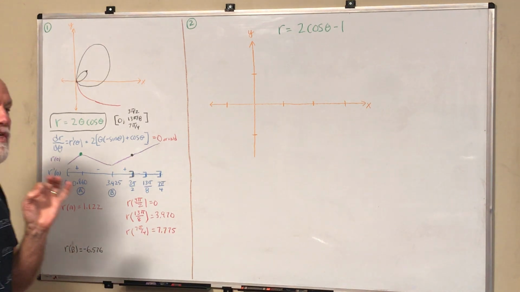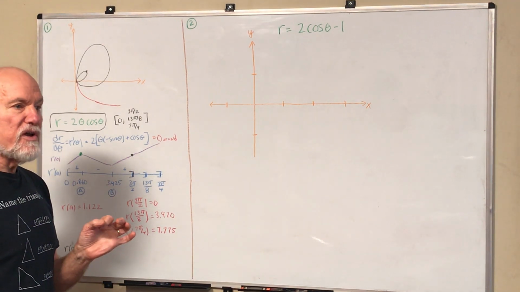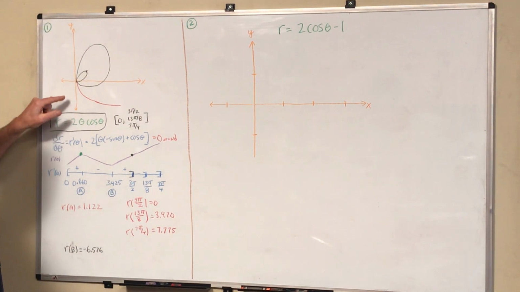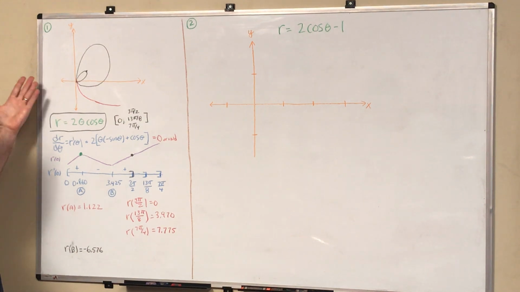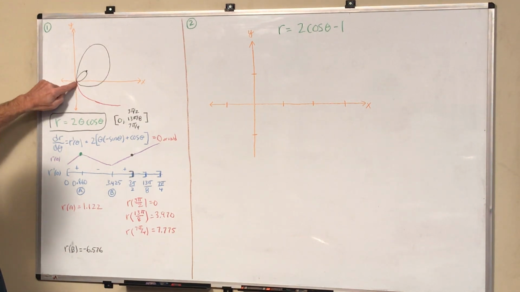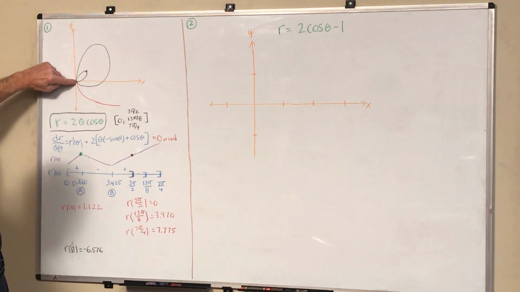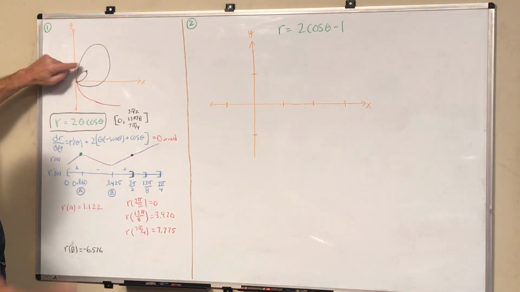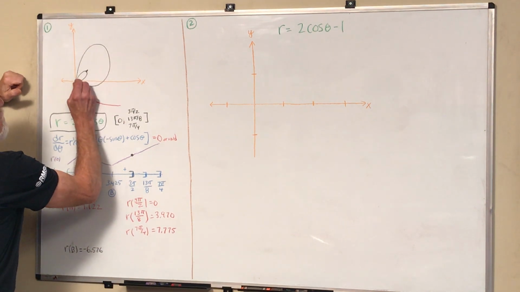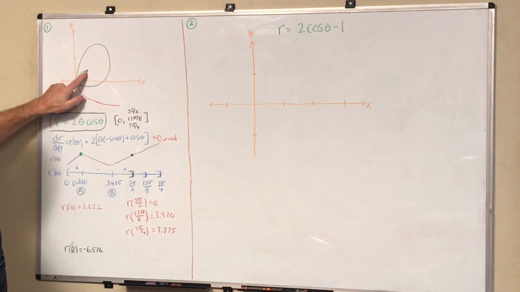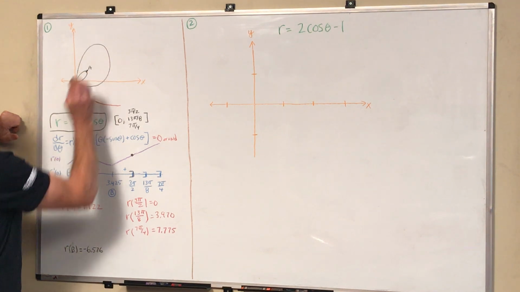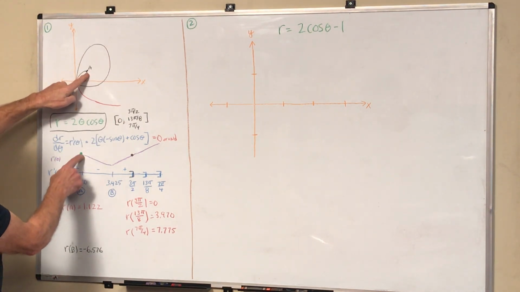But we have to think of something a little bit different in polar. We can have negative values of r. So when this is actually traced, we start out at theta equals 0 at the pole, and then at A, we come right along here and get to this point. That's a local maximum. That's this point right here.